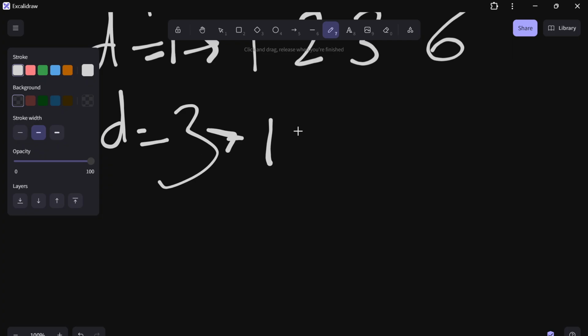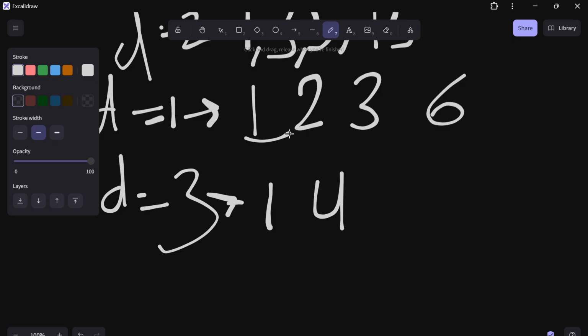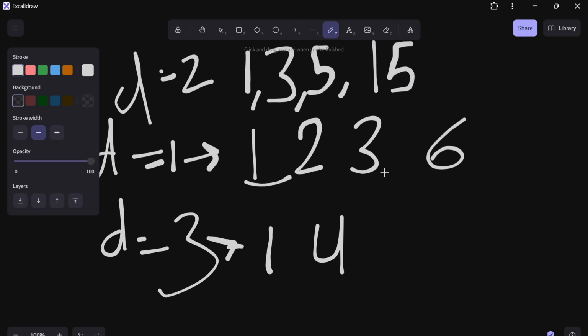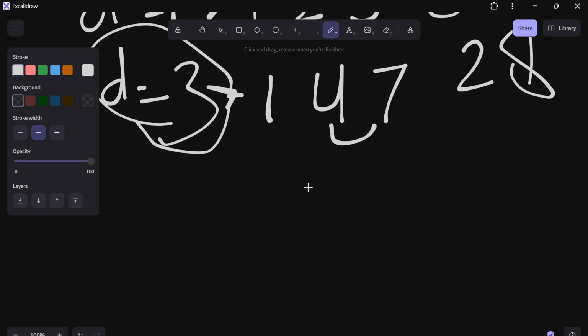If we add 3, it becomes 4. Now again we add 3 to the 4, it becomes 7. Now we again multiply those numbers, it becomes 28. According to this approach, the smallest number is 28.